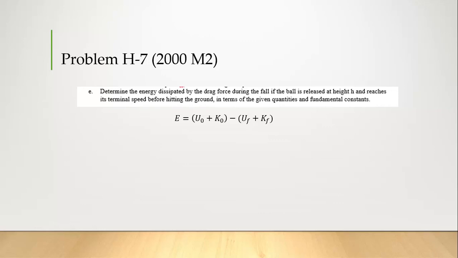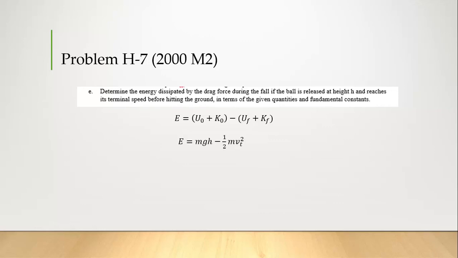The reason why I did initial minus final, rather than final minus initial, is I know that the work being done by the drag force should be negative. So really I've kind of flipped it around. It's actually talking about determine the energy dissipated, so it's really talking about an absolute value.